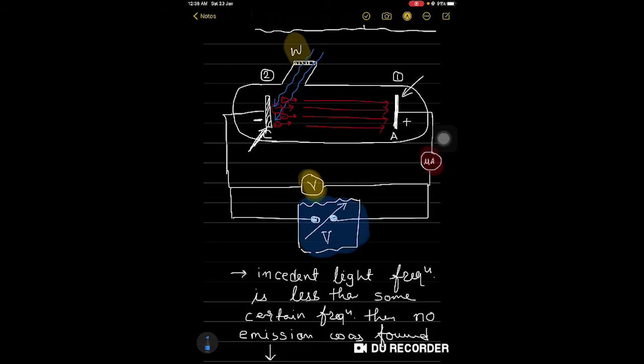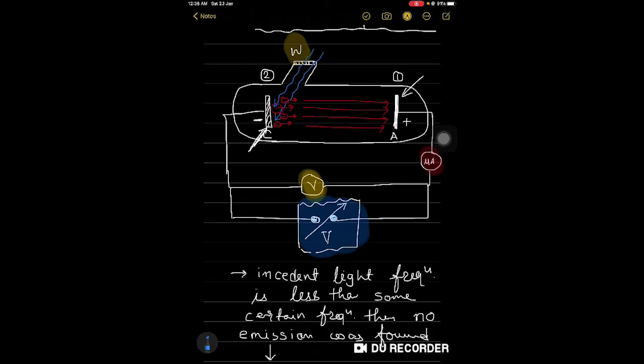The emission of electrons causes the flow of electric current in the circuit. The potential difference between the emitter and collector plate is measured by voltmeter V, whereas the resulting photocurrent flowing in the circuit is measured by the microammeter, indicated with yellow and red color on the screen.